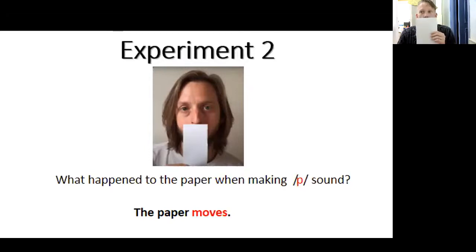P, P. Try one more time. Look closely. P, P. Oh, almost blew away that time. Well done. That is because of the air being pushed out so quickly, makes the paper move.